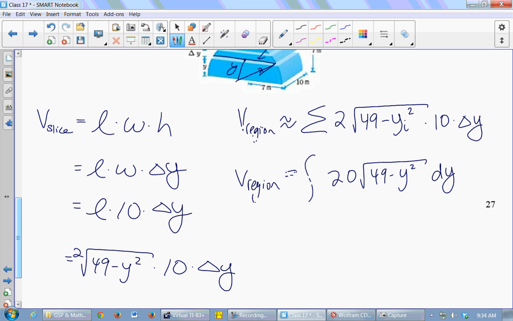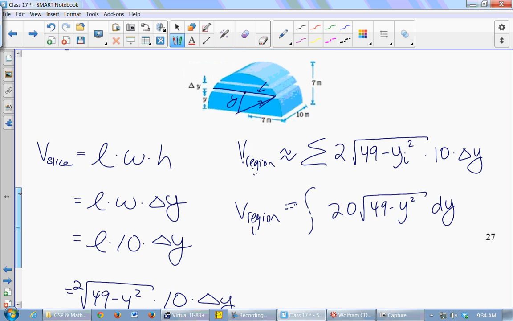And then what should I use for my bounds on y? I'm going to be stacking up these rectangular boxes from what value of y to what value of y. 0 to 7. We'll start down here at the base of my thing where y has a height of 0, and then y is going to go up to 7 meters. So 0 to 7.